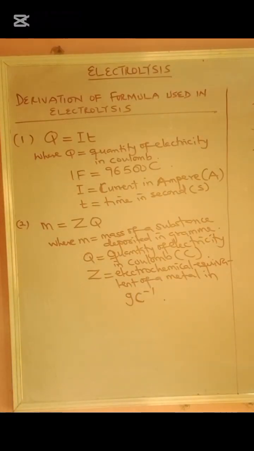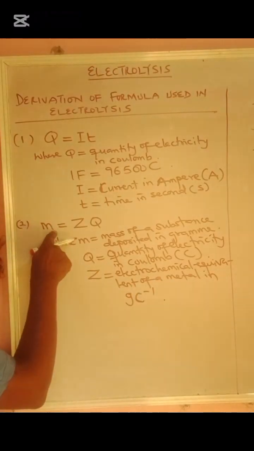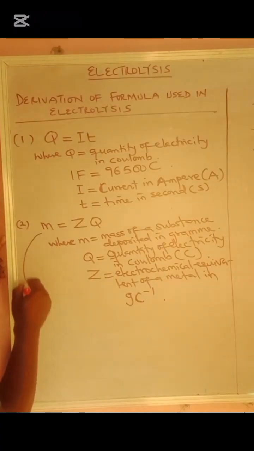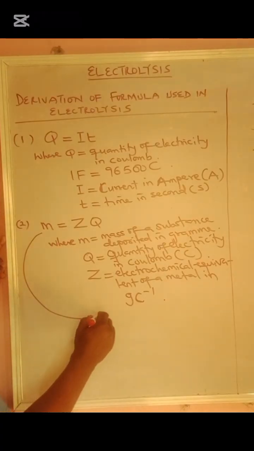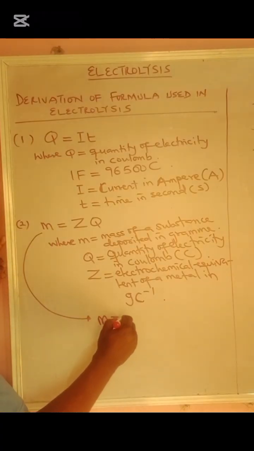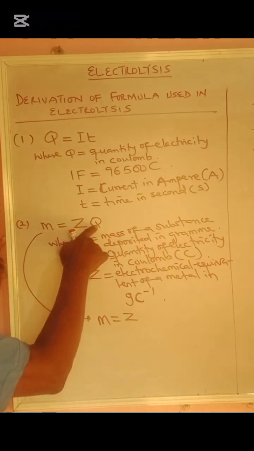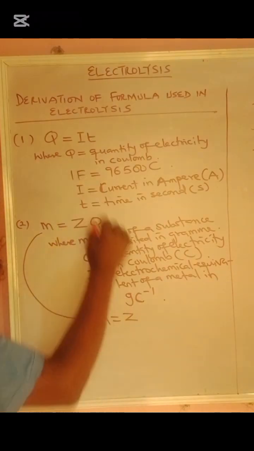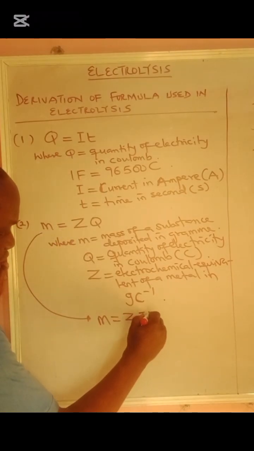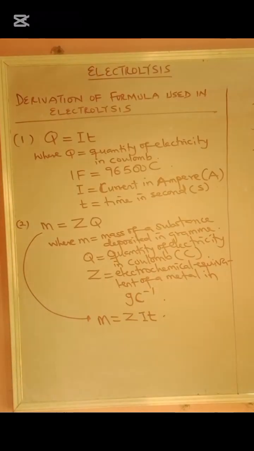Take note of that. This is another formula. This one can be written, you can write this as M is equals to ZIT. So M is equals to ZQ, so you can say ZIT. Take note of that.